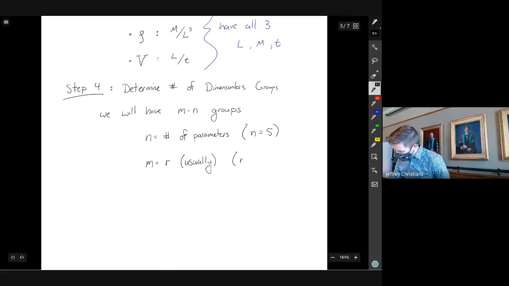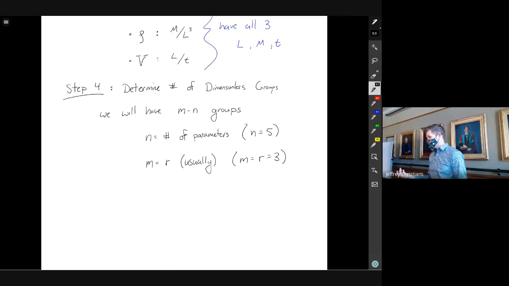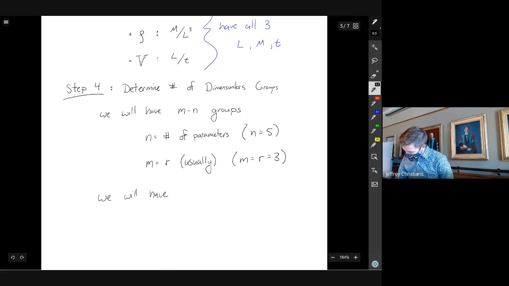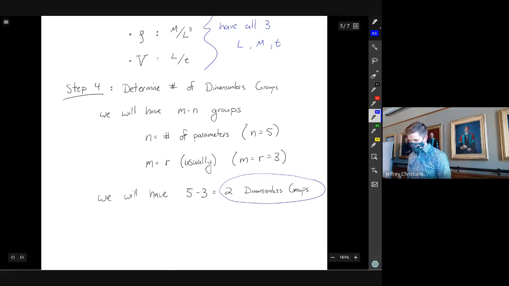So in this case, r is 3. So we have 5 minus 3 equals 2. Two dimensionless groups.